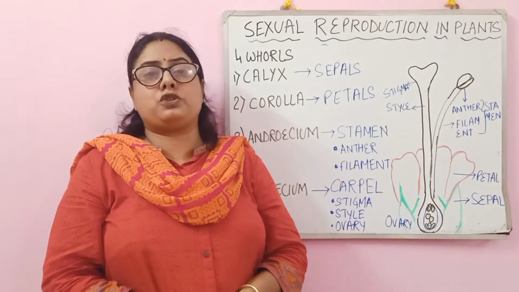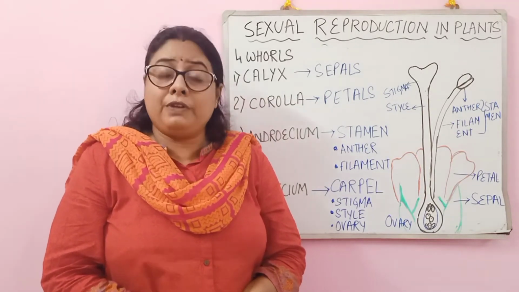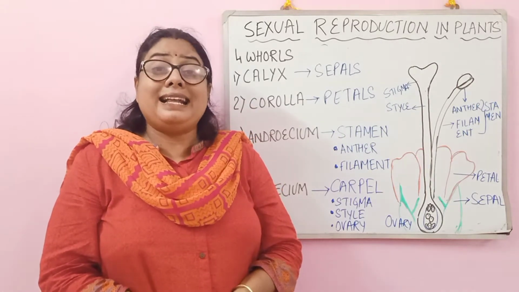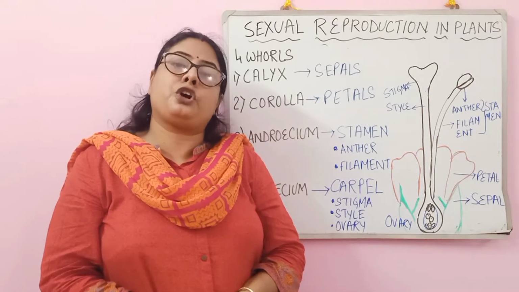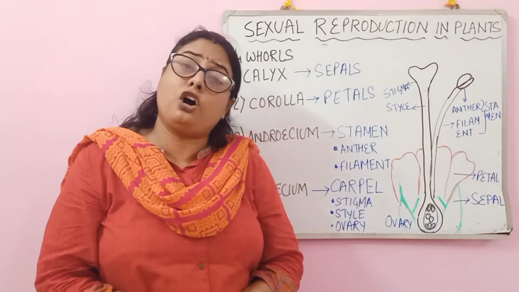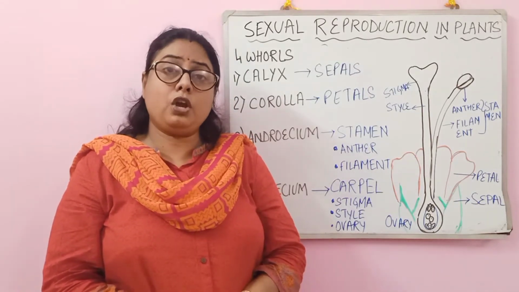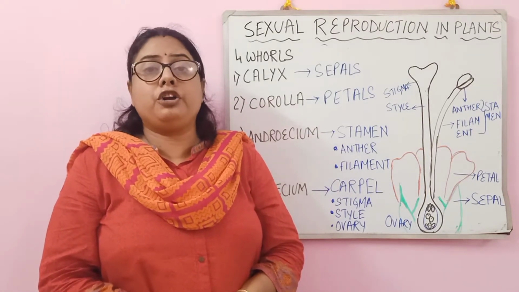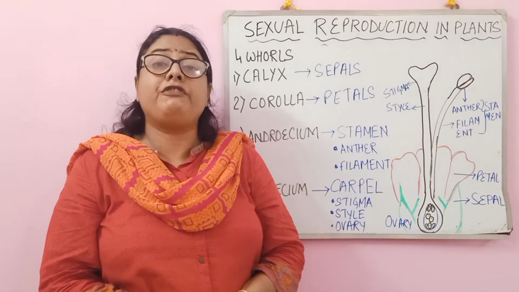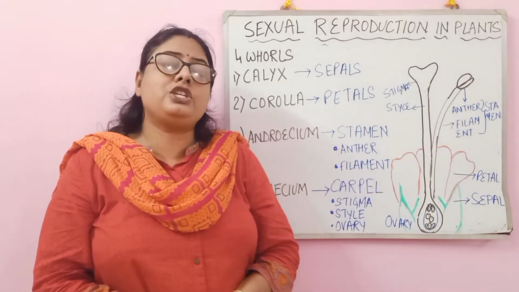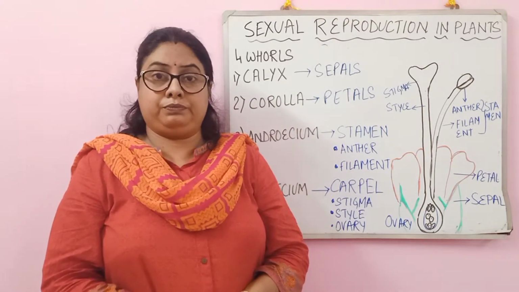While defining the sexual mode of reproduction, we have seen that in sexual mode of reproduction, two parents are required to produce the offspring. The process of reproduction starts with the formation of gametes in each of the parents.